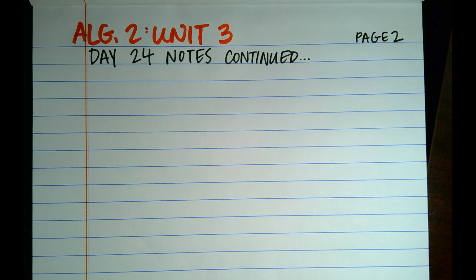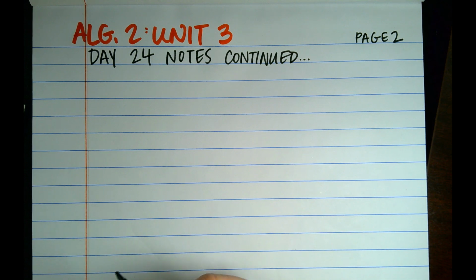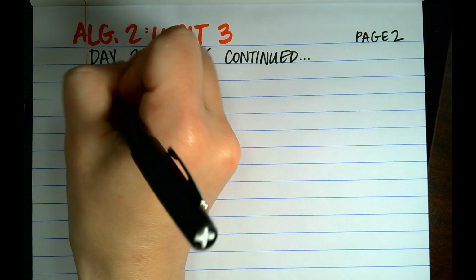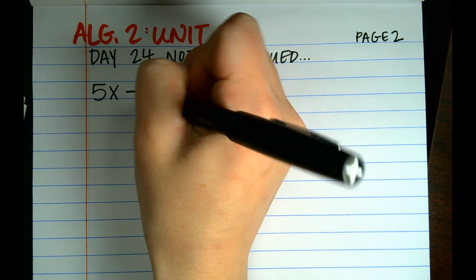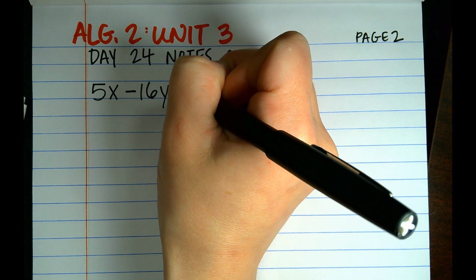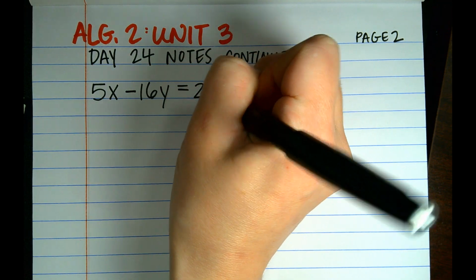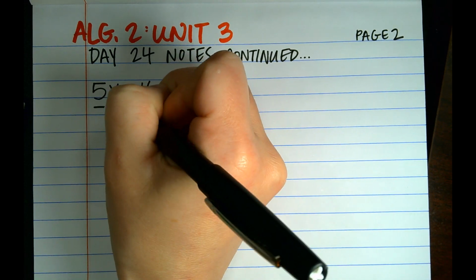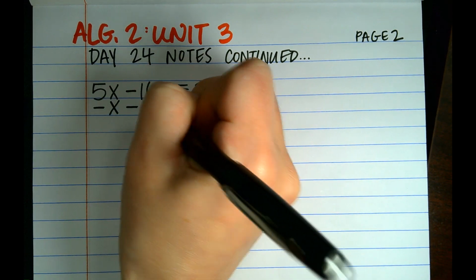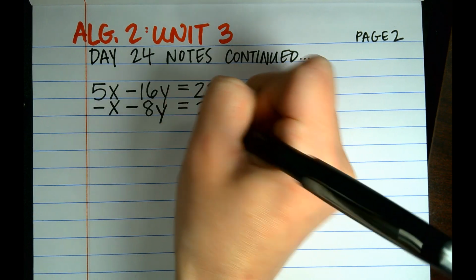All right, so more elimination. Let's do 5x minus 16y equals 23, and negative x minus 8y equals 29.